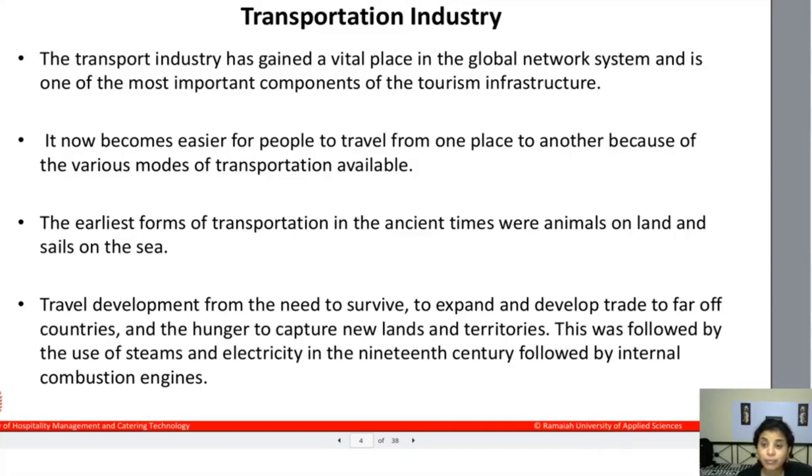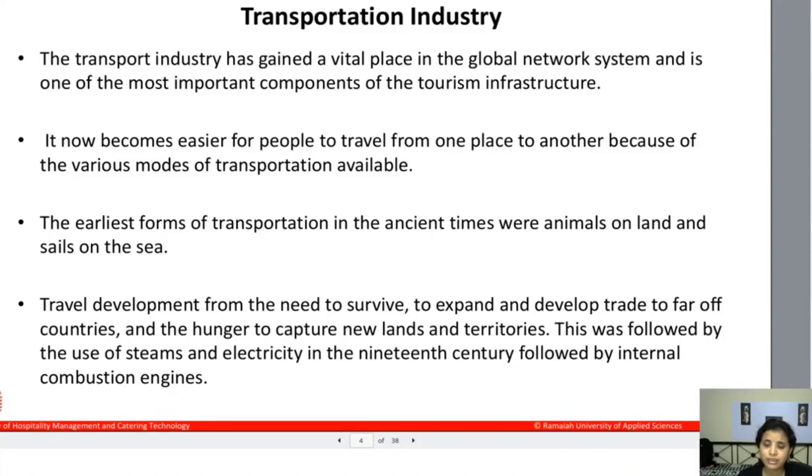Another gradual development is by Elon Musk from his company Tesla, which is coming up with Hyperloop, the fastest mode of travel in a loop form. So this transportation has made travelers take up traveling without thinking a lot, where they can move hassle free from one place to another.